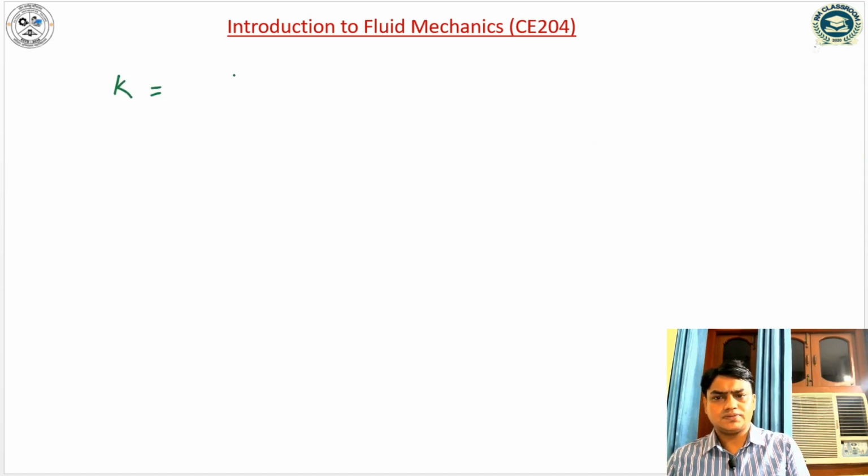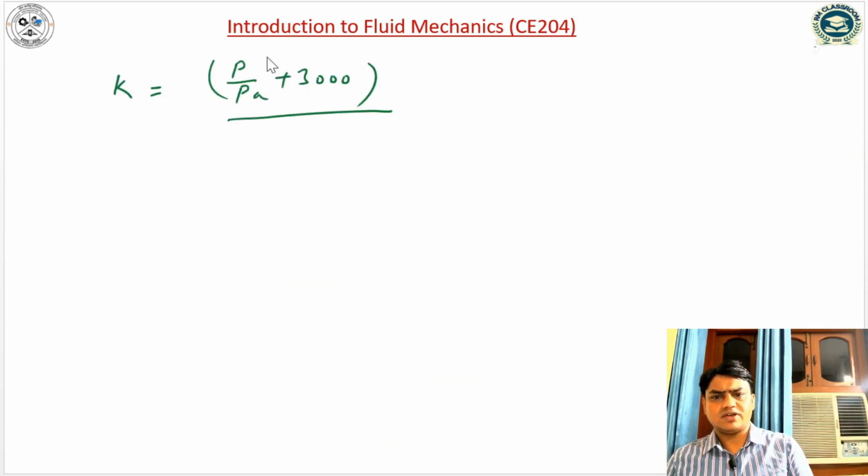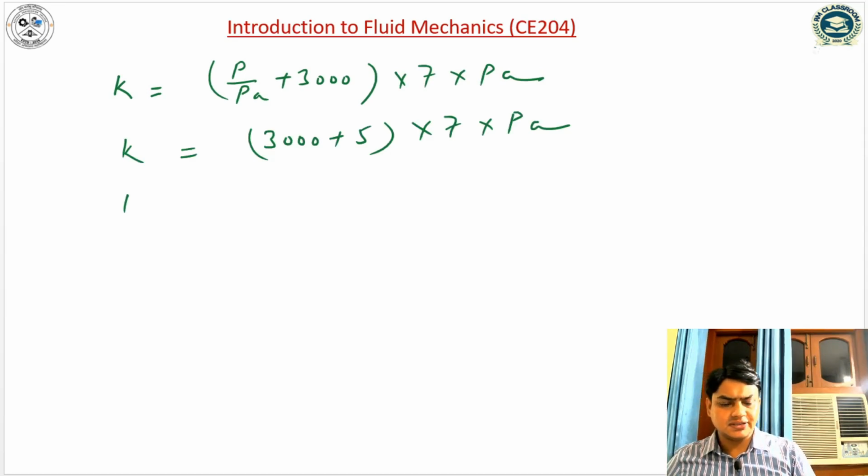So we can write K is equal to P by PA plus 3000 into 7 into PA. So K can be written as 3005 into 7 into PA.